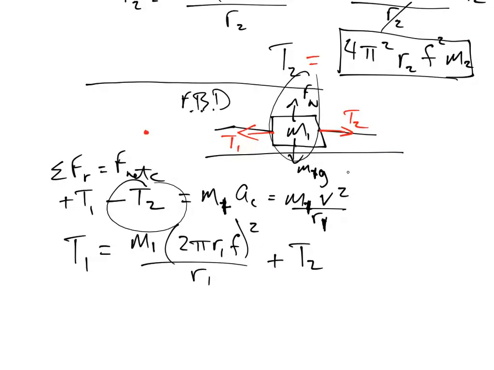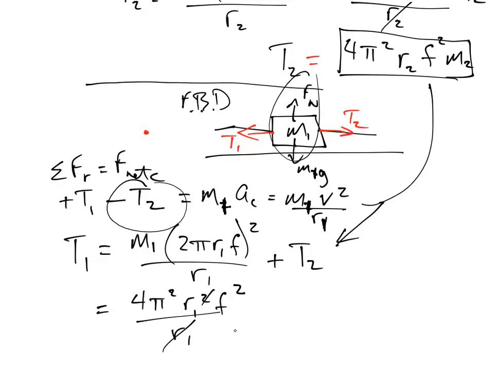And of course, the nice thing here is that we've already solved for T2, so we can put it into there. So let's go 4 pi squared R1 squared f squared all over R1. We can cancel that and that. And then we can go plus 4 pi squared R2 f squared M2. And I forgot the mass again. There's the M1.